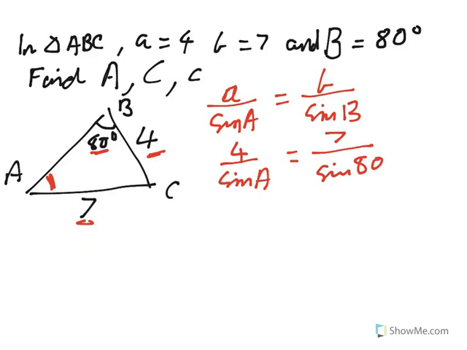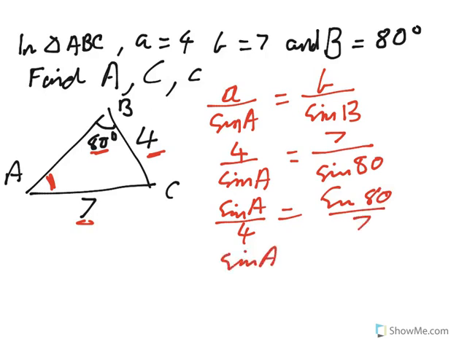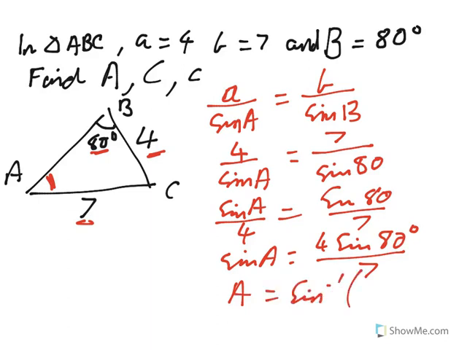Alright, bit of rearrangement, so flip both sides first of all. Sine A over 4 is sine 80 over 7, times by 4 both sides. Sine A is 4 sine 80 over 7, so A is sine minus 1 of all of that stuff, and you can do that all in your calculator.